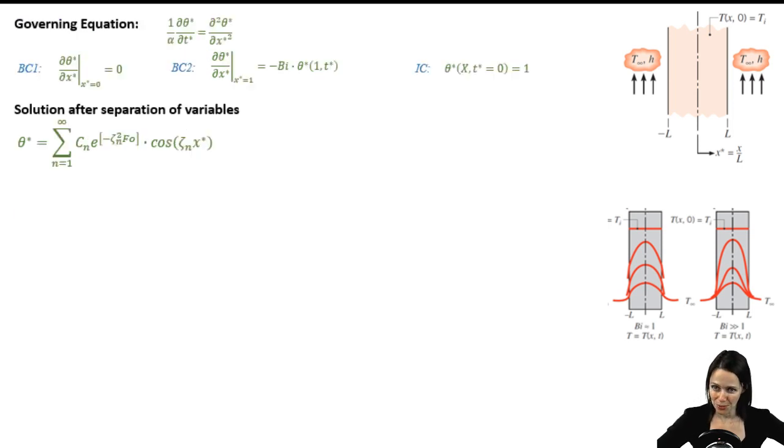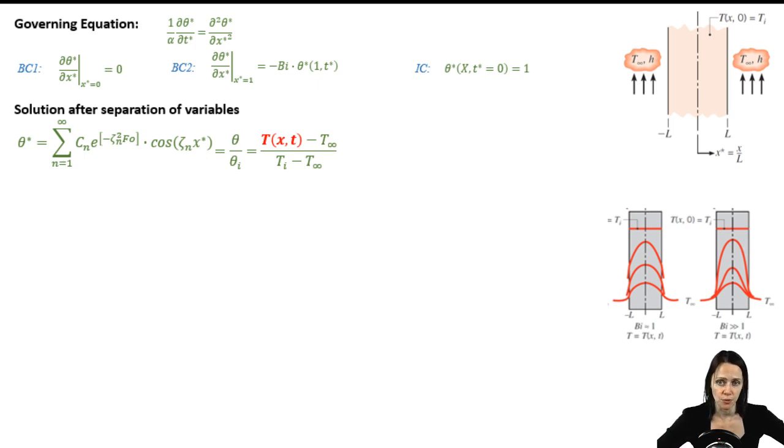So here's our solution. Remember that theta star is the ratio of T at some location x in time t minus T infinity, the temperature of the convective fluid, over the initial temperature minus T infinity.